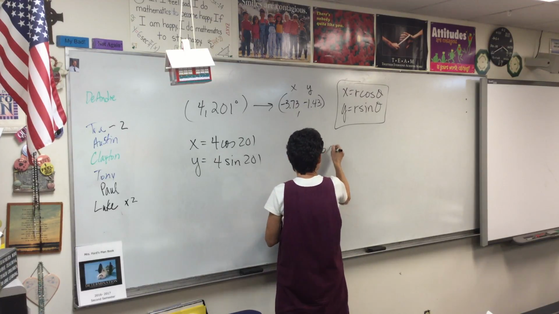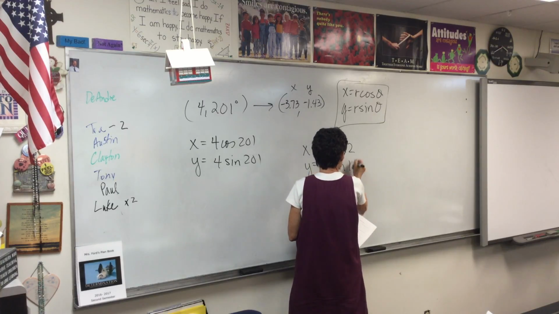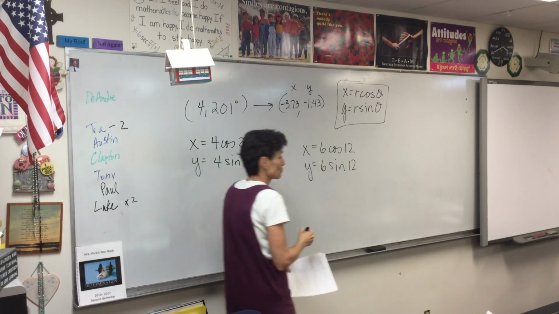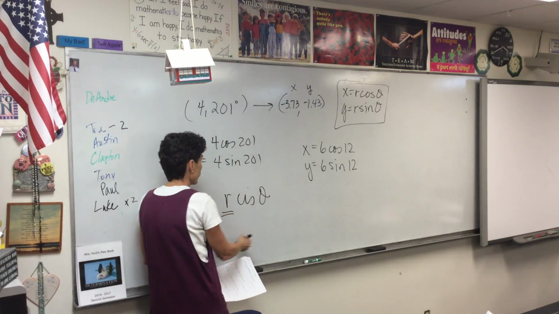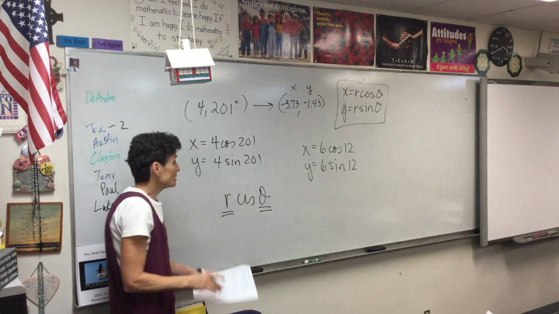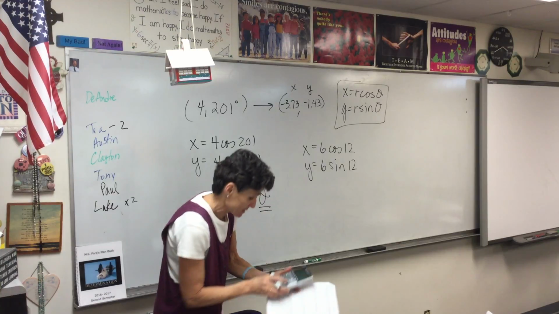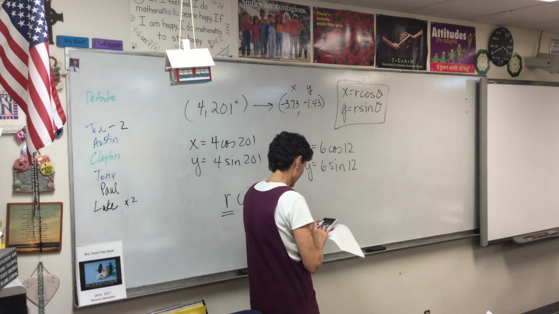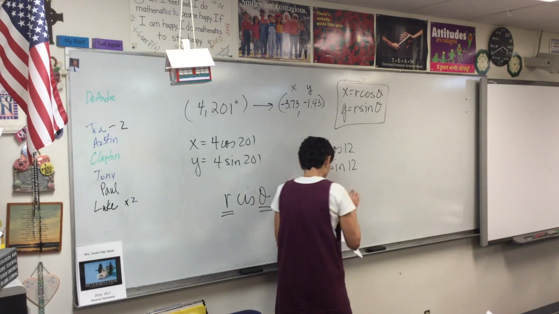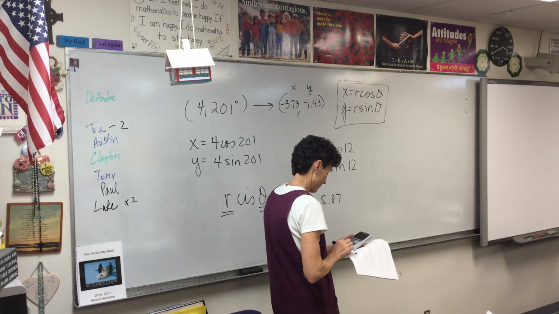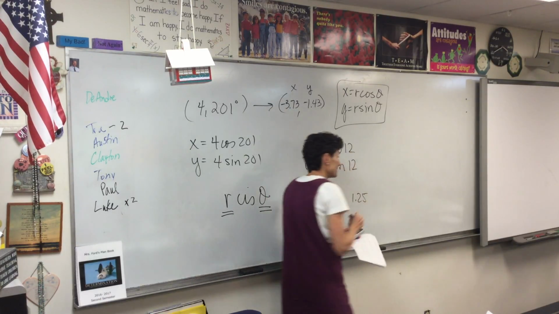X equals 6 cosine 12 and y equals 6 sine 12. Remember, when a number is written in polar form, it's r cis theta. This is the r, this is the theta. So x is going to be 6 cosine, y is going to be 6 sine. So I type it in on my calculator, and I get 5.87 and 1.25.